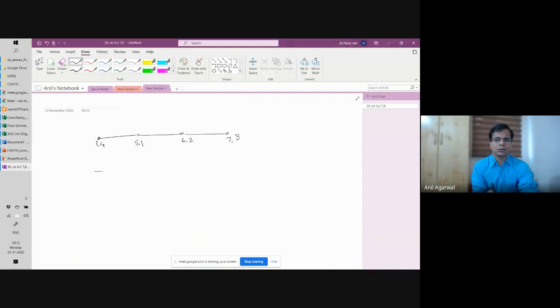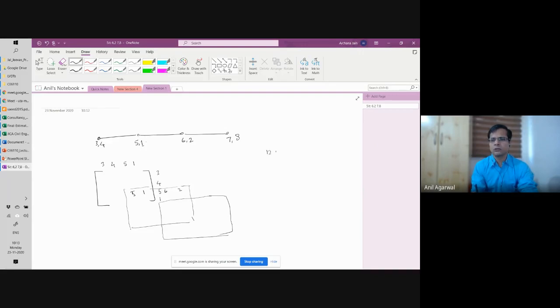Now, ideally what I should do is write the stiffness matrix, that is 3, 4, 5, 1 by 3, 4, 5, 1, for the first member. Likewise, I should write another stiffness matrix for the second member, and then the stiffness matrix for the third member. The second member would be 5, 1, 6, 2.